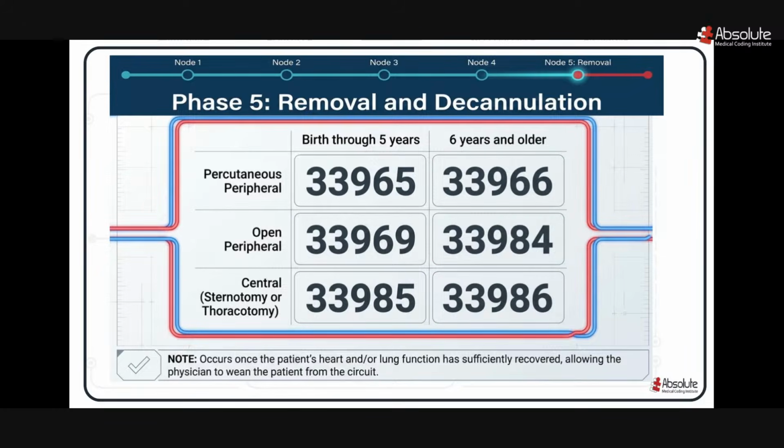Just like the insertion codes, the removal codes are classified based on age and approach. You have codes for birth through 5 years and 6 years and older. And the approaches are also the same: percutaneous, open, and central. So that's how the removal codes are classified.